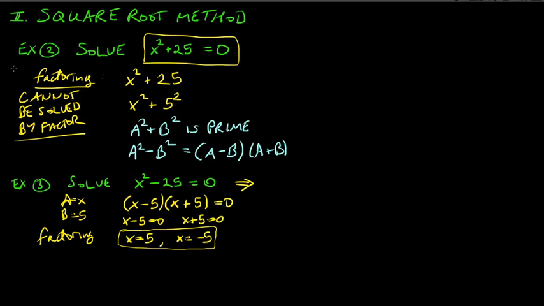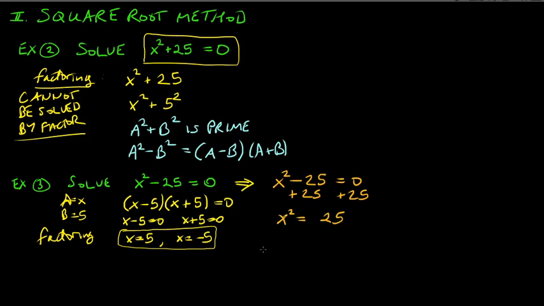To some of you, it may have occurred that you can also solve this by just adding the 25 to both sides. So it's no longer in standard form at this point. However, you may have noticed that I can undo the x squared.